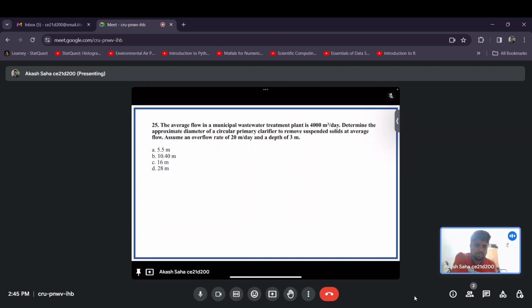So we have been given the discharge, and we have to find the diameter of the clarifier, which is a circular clarifier, so just the diameter. It's for an average flow of 4,000 meter cube per day, and the overflow rate is 20 meter cube per day per meter square with a depth of 3 meters. So try to solve this problem.